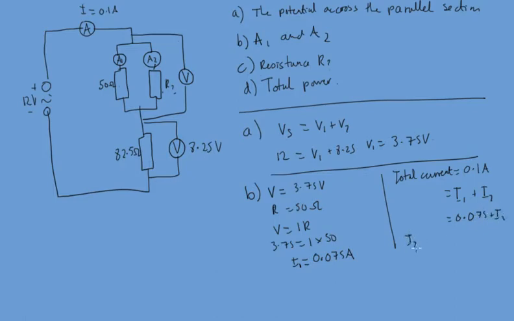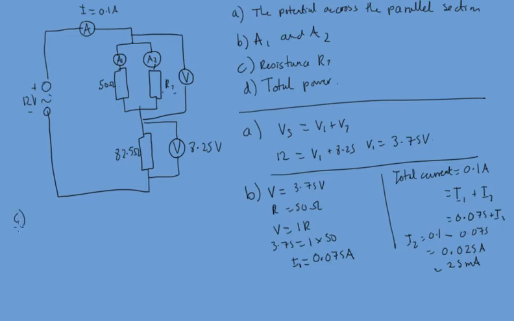So I2 must be 0.1 minus 0.075, which gives us a current of 0.025 amps or 25 milliamps.